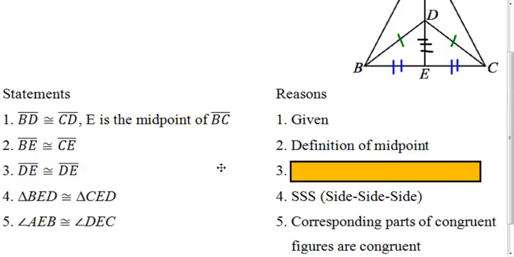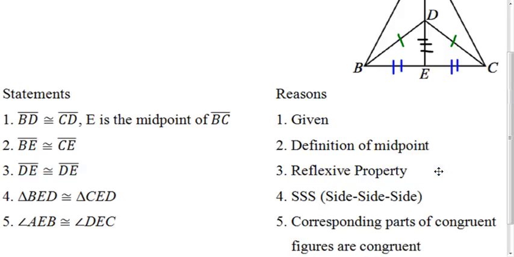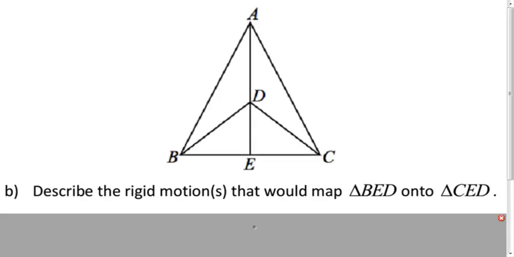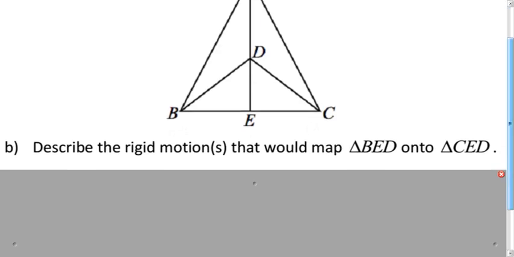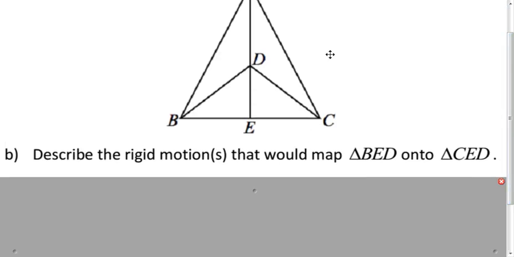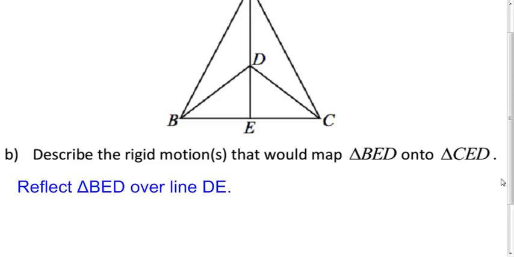You know that segment DE is congruent to itself by reflexive property. And so now, since these two triangles down here are congruent, you know that the corresponding parts are congruent. And what rigid motion can we use to map triangle BED onto CED? We just do a reflection here.